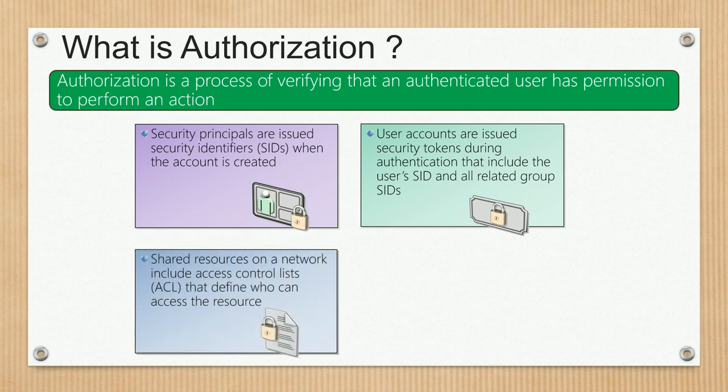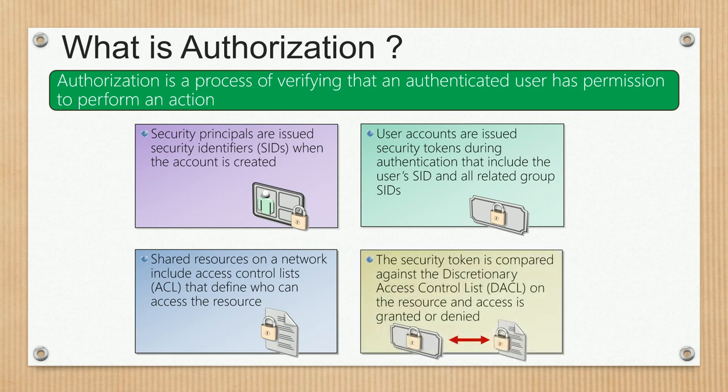Shared resources on the network include the access control list, that is called ACL, that defines the access to the resources. The security token is compared against the discretionary access control list, the DACL, on the resource, and access is granted or denied. So these are the four components of the authorization process.